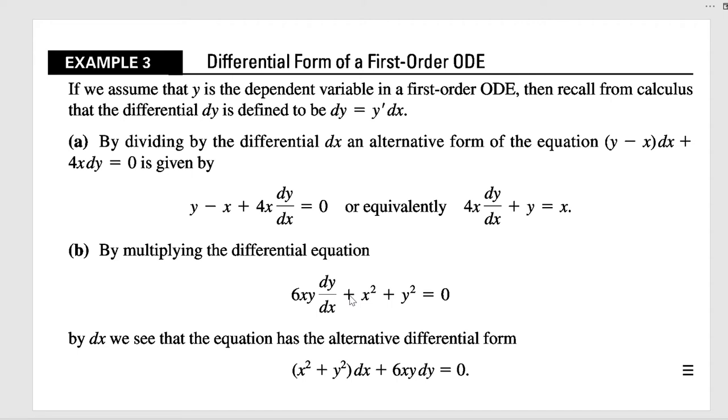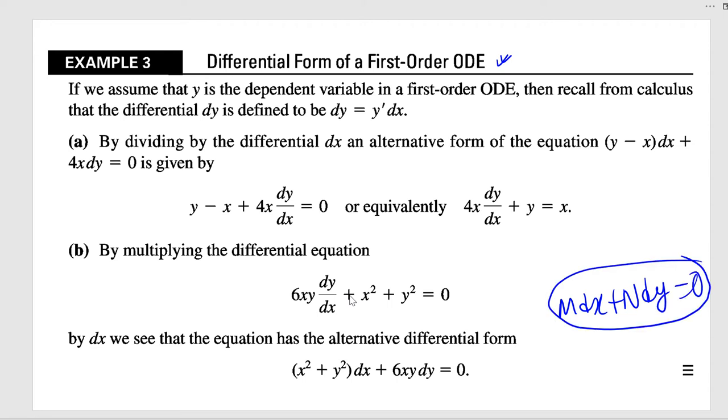Now, how do we formulate the differential form of the first order ODE? As I have mentioned, M dx plus N dy equals 0. This form is known as the differential form.